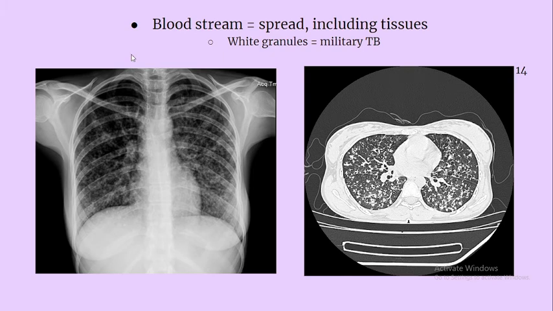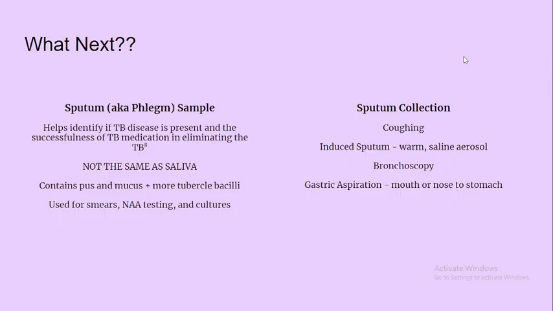When I talked earlier about the tubercle, if that tubercle bursts and enters the bloodstream, it can get into your tissues and create these white granules, which is called miliary TB. Instead of it being localized in one little circle, the TB is everywhere, which is insane and looks super, super dangerous.